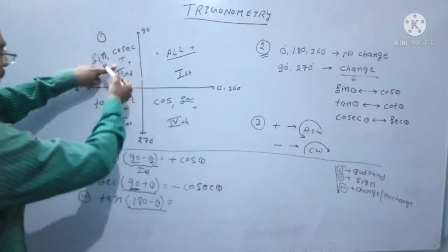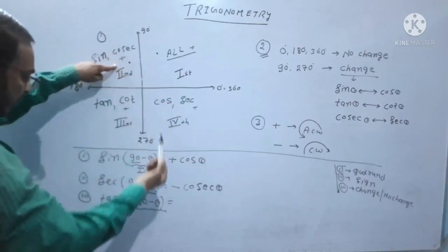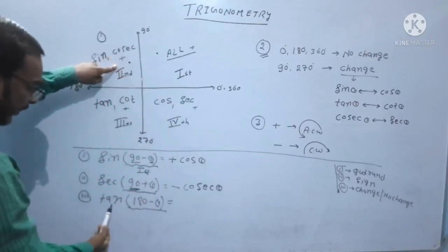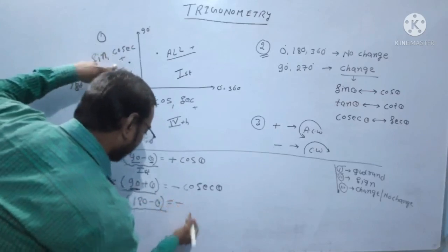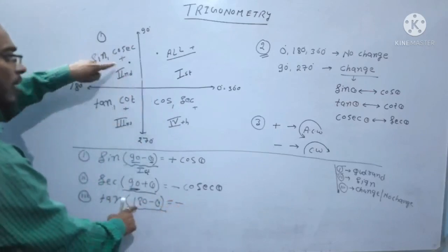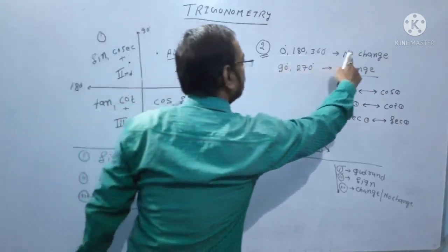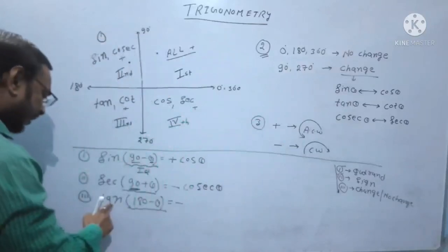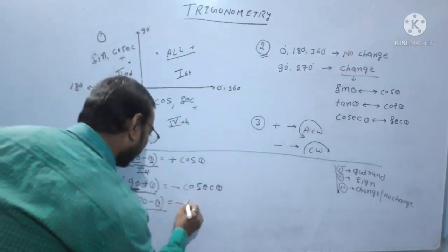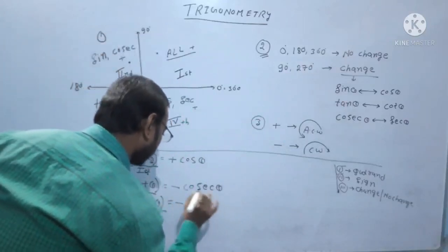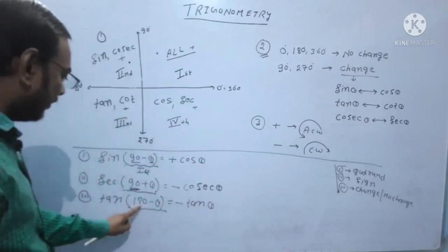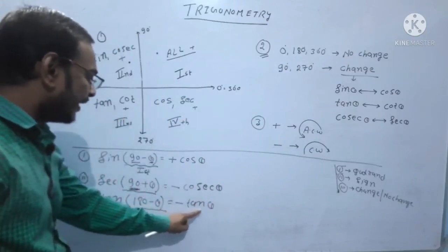In the second quadrant sine and cosec are positive, the rest are negative. So for tan, that means here take a minus sign. 180, here 180, that means no change. No change means for tan, we usually write theta here. So the value of tan 180 minus theta is equal to minus tan theta.